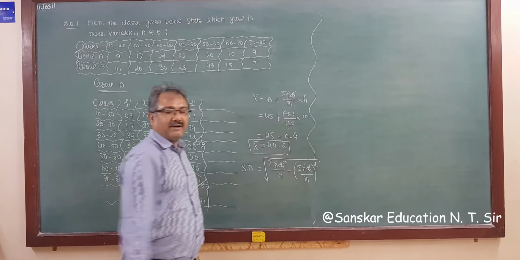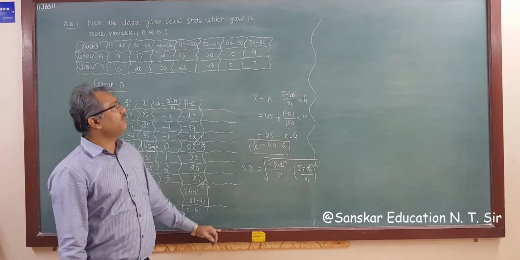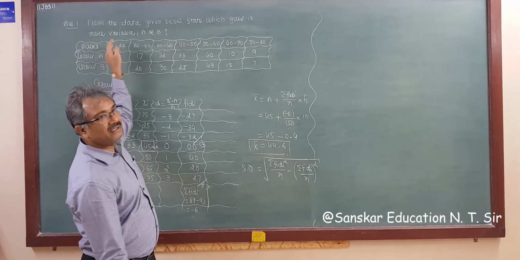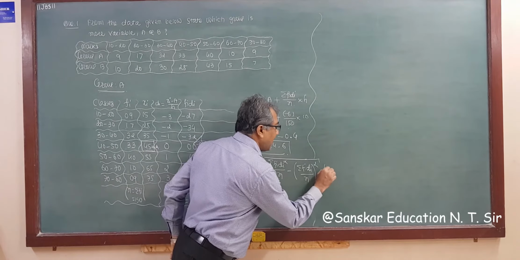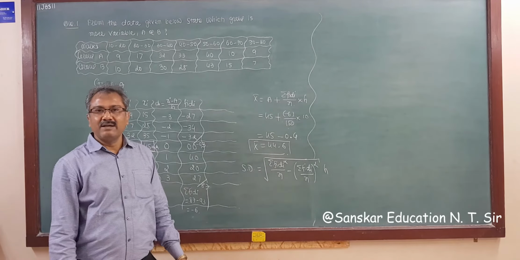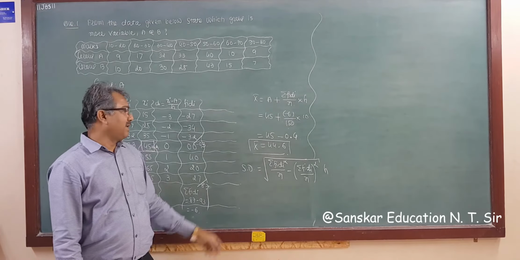This is the formula, into H, because this is given as continuous data, we have to multiply by H as we are taking the square root. If we are writing variance, then there is no square root, and H you have to square it.